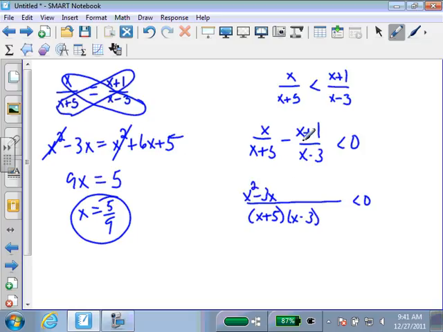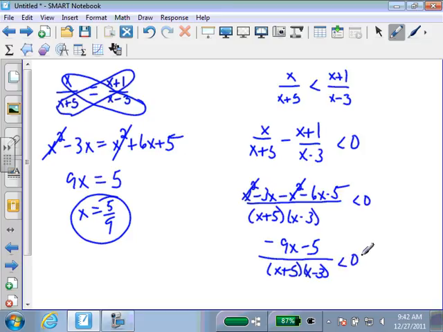If I multiply those together, my FOIL problem is going to end up with a negative running across it. So negative x squared minus 6x minus 5. So I've got negative 9x minus 5 over x plus 5, x minus 3 less than 0.